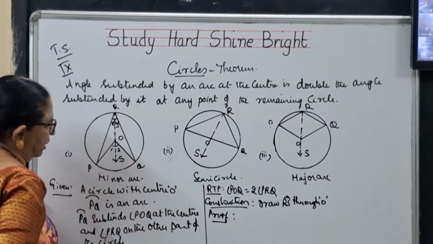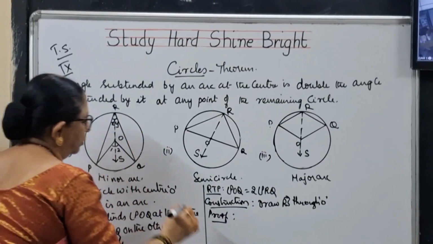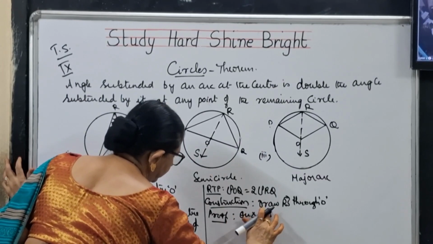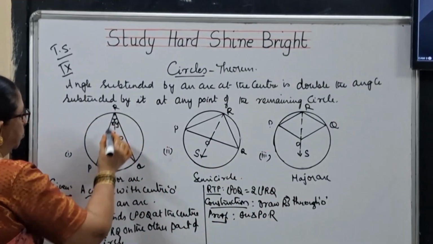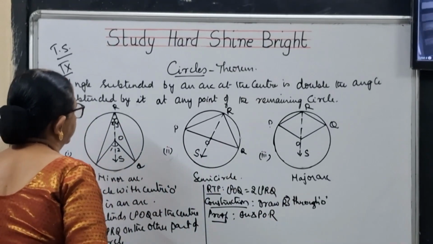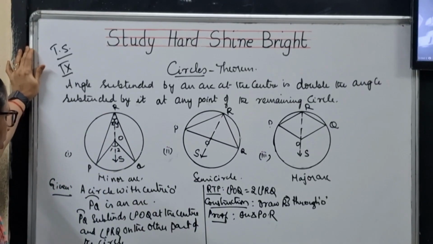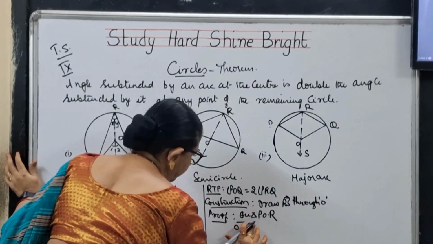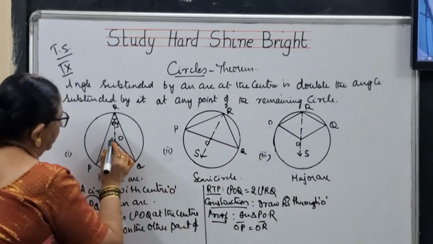Because of this RS through O, we are getting two triangles POR and QOR. Let me take triangle POR. In triangle POR, OP is equal to OR. Why are they equal?